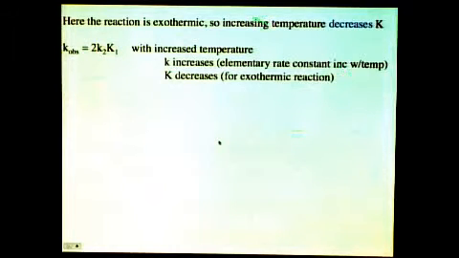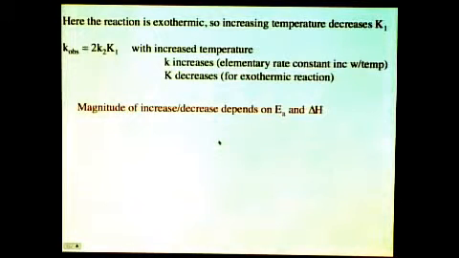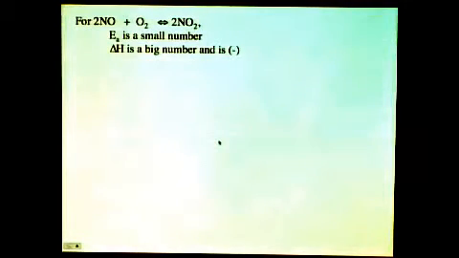So let's look at this then. In this K-obs term, we have an elementary rate constant and an equilibrium constant. If you increase the temperature, the rate constant increases, but the equilibrium constant is going to decrease. The magnitude of the increase or decrease depends on the size of the activation energy or the size of delta H. For this particular example, there's no way that you would know this, so I'm telling you that the activation energy is a small number, or you might be able to look it up in your book, and delta H is a very big number, and it's negative.